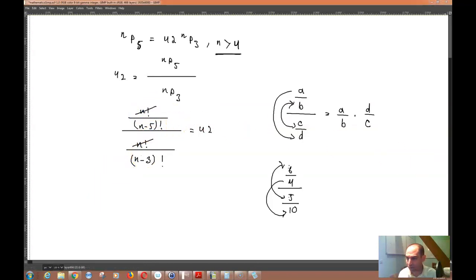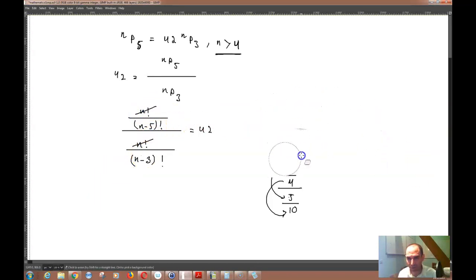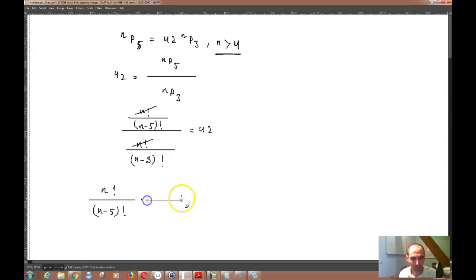Or if it's confusing, I prefer rewriting my fraction, meaning that I would much rather write this as n factorial over n minus 5 factorial times the reciprocal of this, which is n minus 3 factorial over n factorial. And now I can simply simplify these, and this is equal to 42.